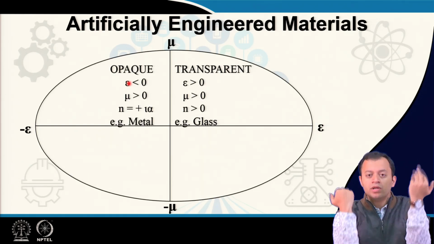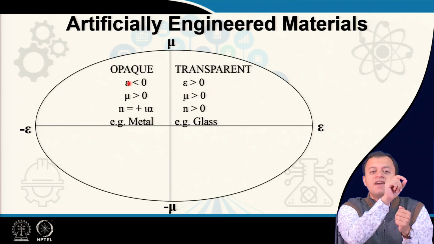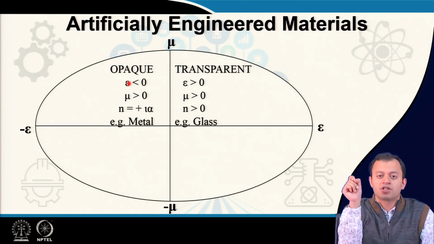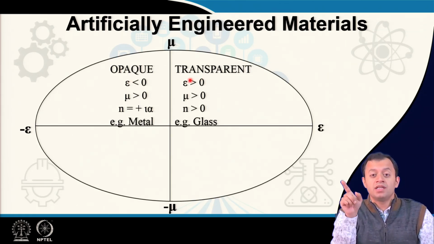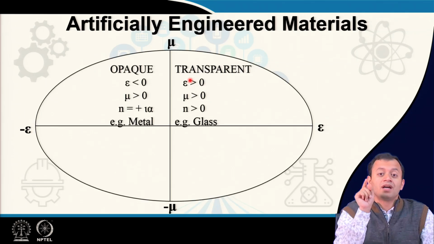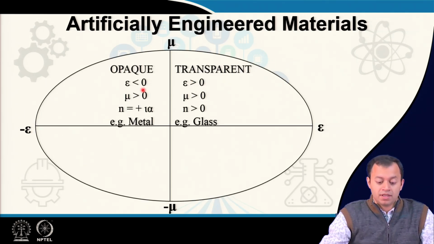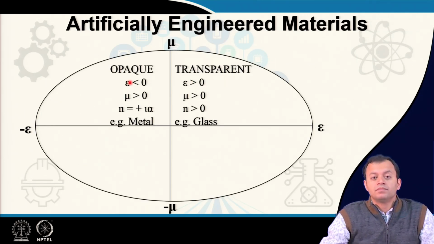So, left to right outside, left to right inside the medium, positive. Left to right outside the medium, right to left inside the medium, negative. That is how it is.